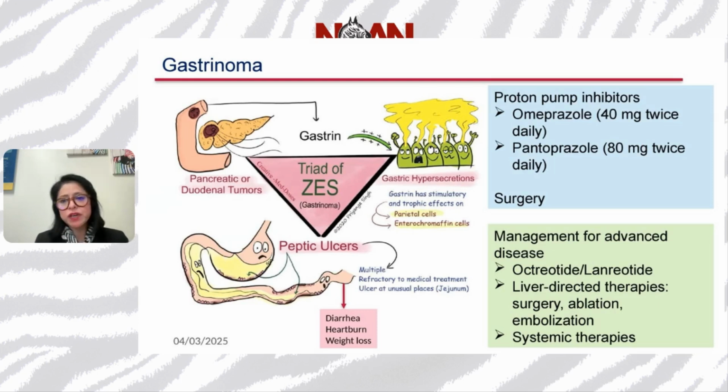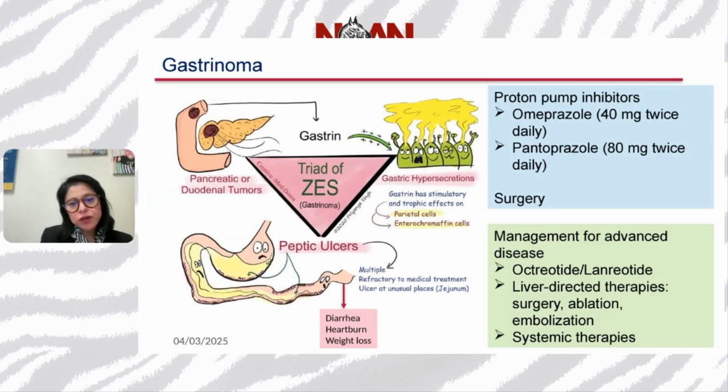I'm sure you're familiar with some of these drugs, but the difference between somebody who has a gastrinoma versus somebody who has only GERD, gastroesophageal reflux disease, is that patients with gastrinoma need high doses of these proton pump inhibitors, usually twice a day.